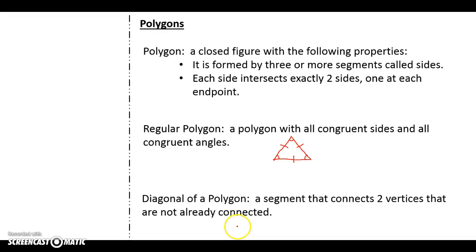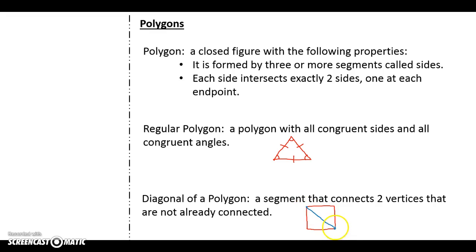And then our next vocabulary term is diagonal of a polygon. A diagonal is a segment that connects 2 vertices that are not already connected. For instance, if I had this square, I pick this vertex, which is not connected to this vertex.